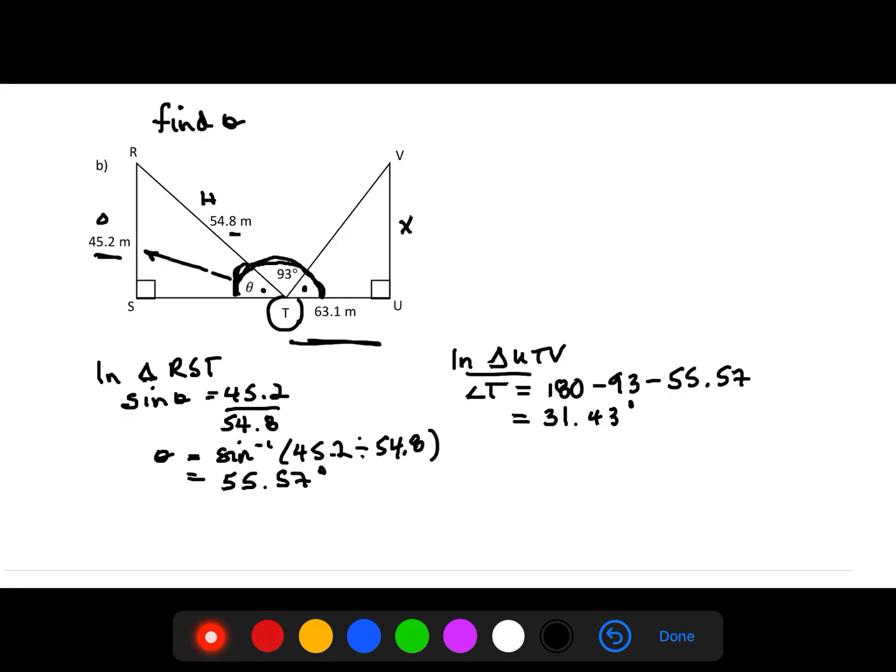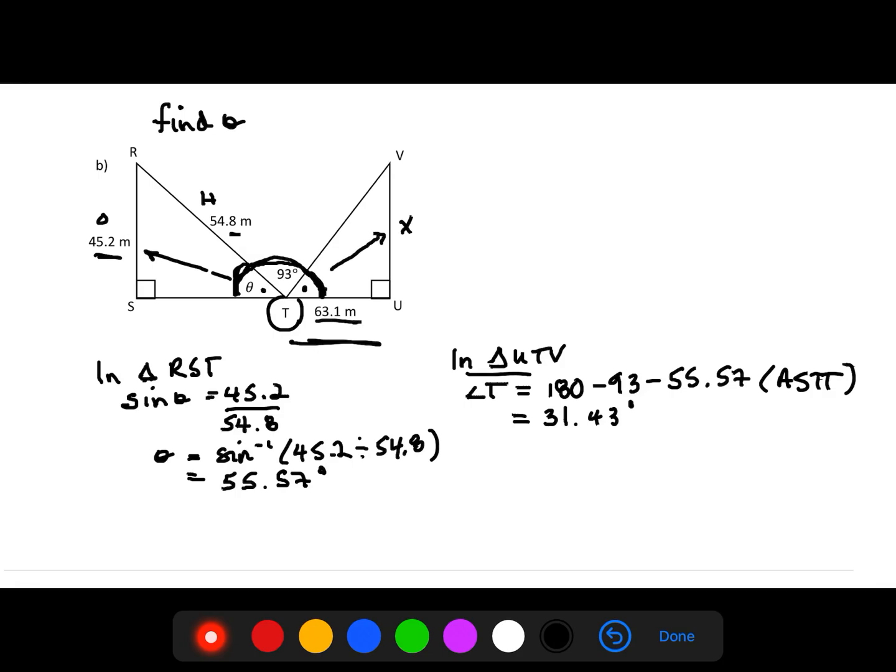So angle T is equal to 31.43 degrees. And this is because of our angle sum of a triangle theorem that we talked about last day. So now we have an angle in triangle UTV.